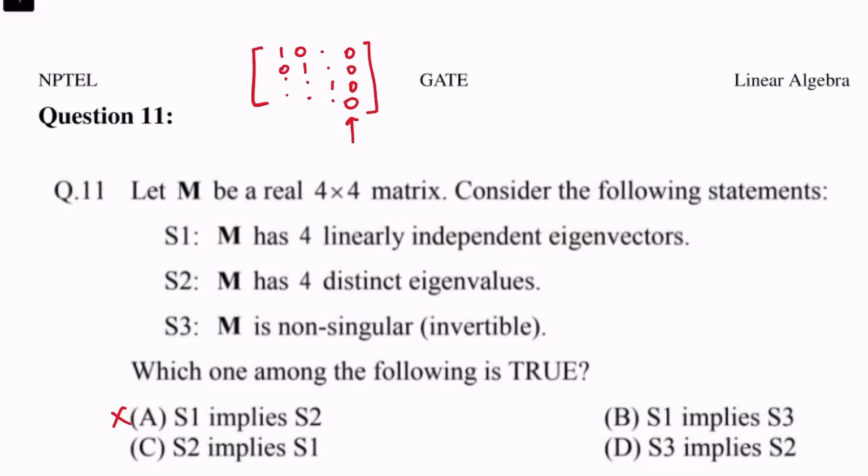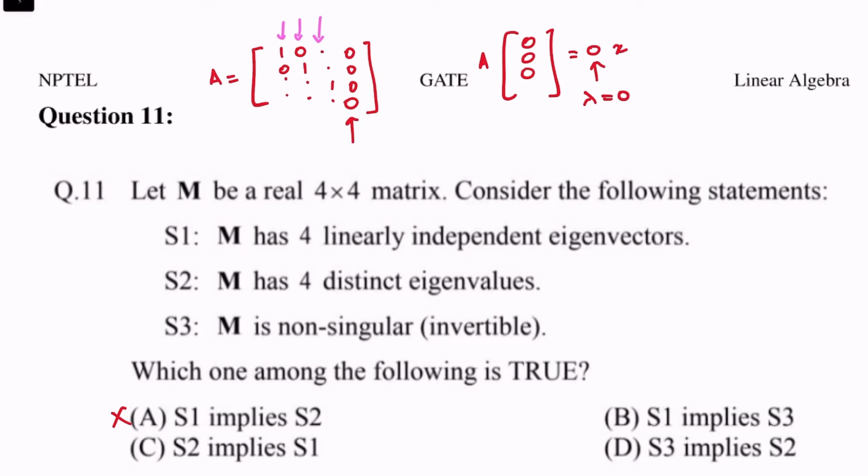The first 3 columns are the first 3 eigenvectors, and you can take any vector of the type 0 0 0 x. You just put anything for x. If I call this matrix A, A times that vector will be equal to 0 times x, so the eigenvalue will be 0.